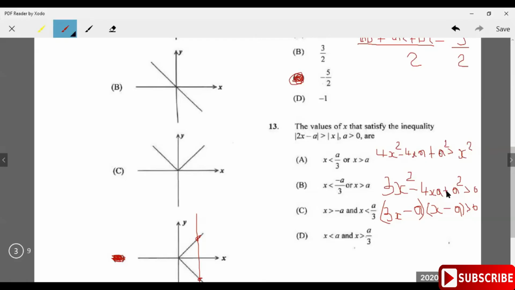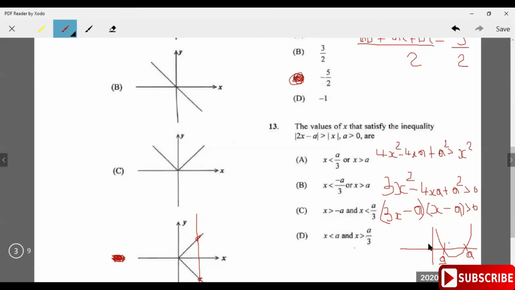All right. So now right here, I want when this is greater than 0. So I'm just going to look at a sketch. Let's say this is the quadratic curve, right? It's a smile curve because the coefficient is greater than 0. And so this value is going to give us a over 3. That's the x value right there. And this is going to give us a value of a.